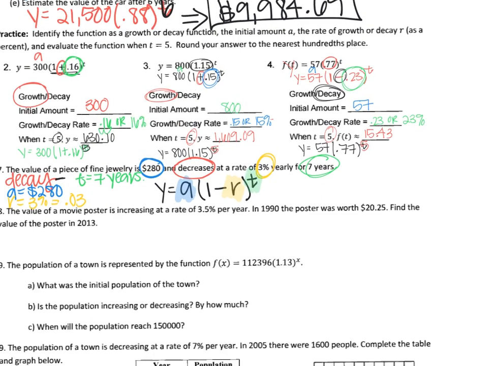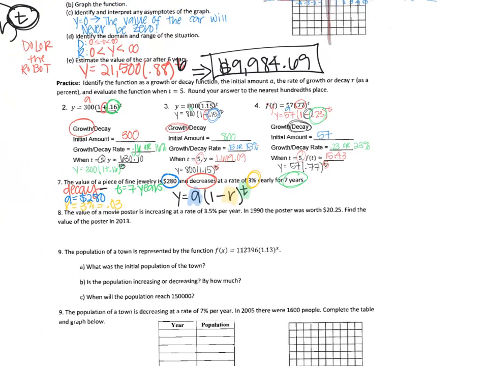So when I go to plug all this in, I've got, oops, let me go back here. Y equals 280 times 1 minus 0.03. Again, you can't just plug in 3%. 3% is not a number. You've got to change it to a number. And to the t power of 7.